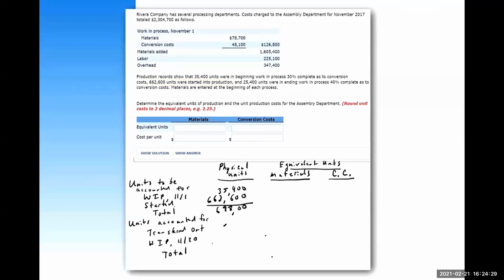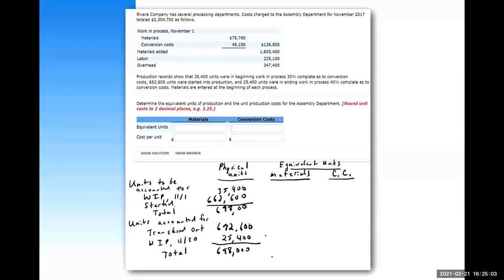Then, in terms of units to be accounted for, we know again that the total has to be 698,000. We see above that there were 25,400 units in ending work in process, and so the units transferred out during the period must have been 672,600.